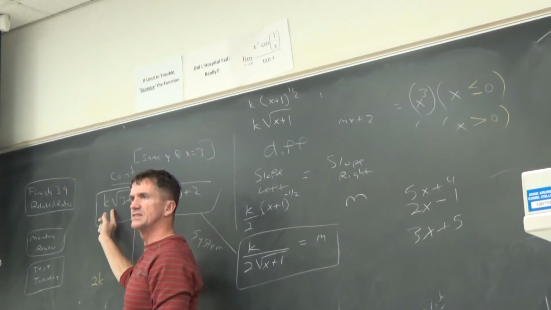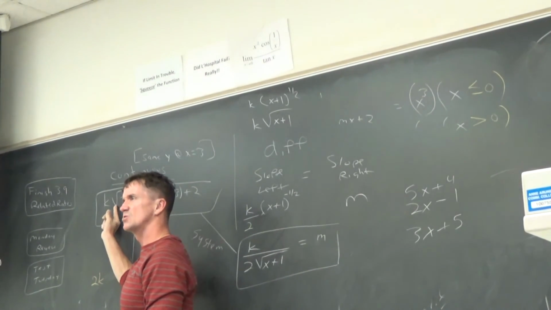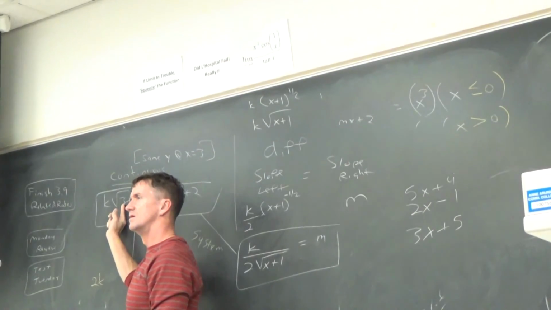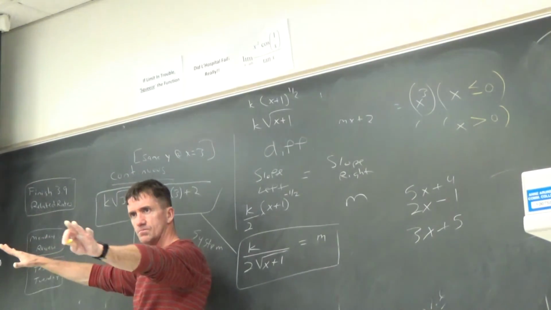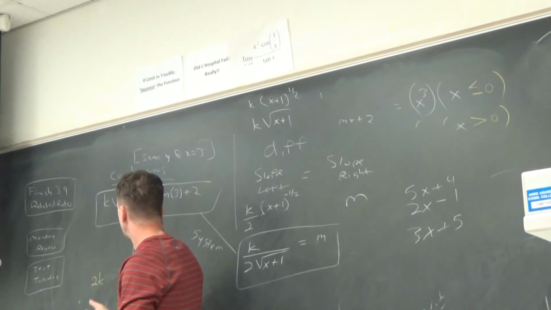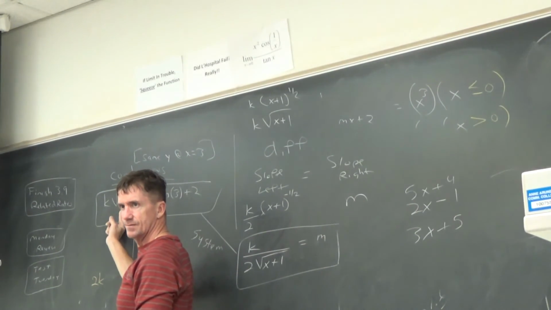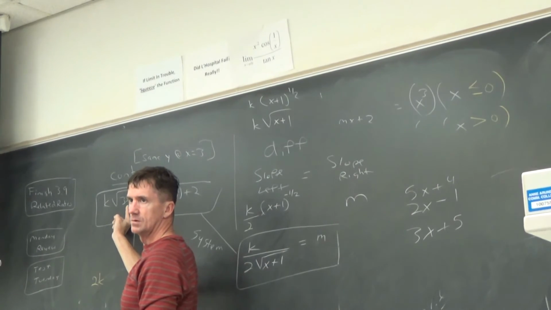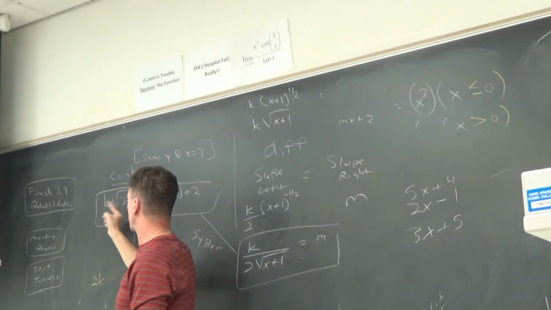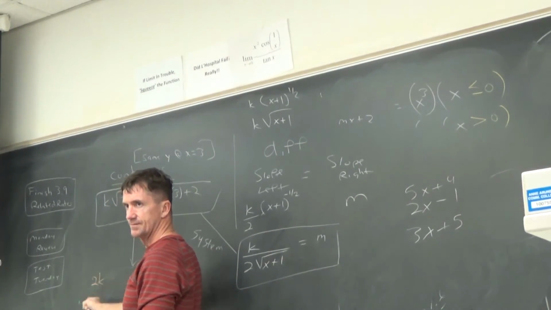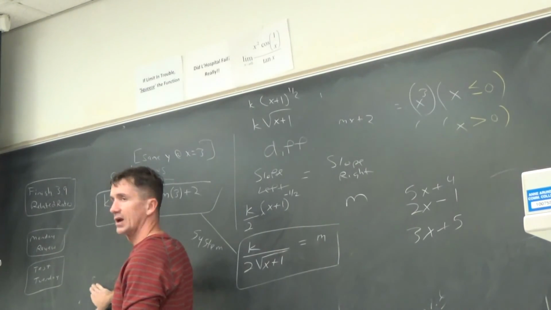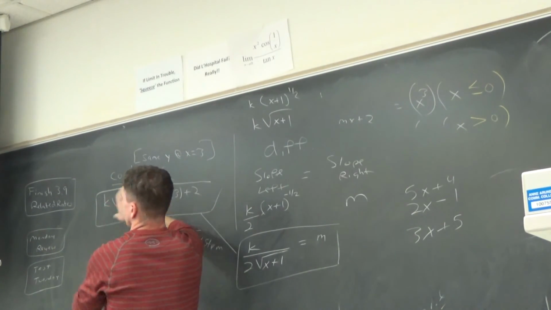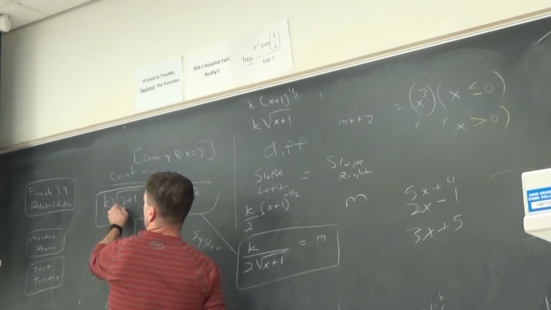Is that 2k? Square root of 4? Square root of 3 plus 1 is square root of 4, and square root of 4 times k is 2 times k. I haven't plugged in the k yet, I'm just cleaning up that left side. Isn't that number right there 2?